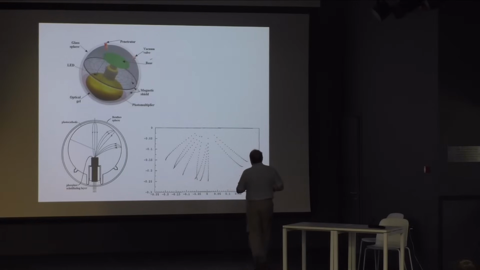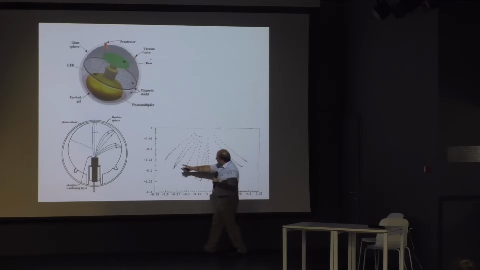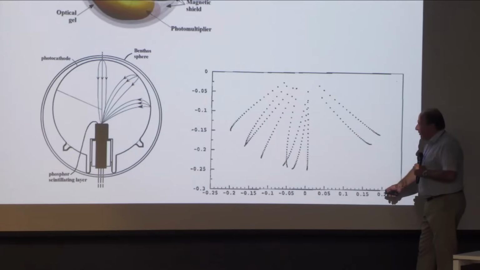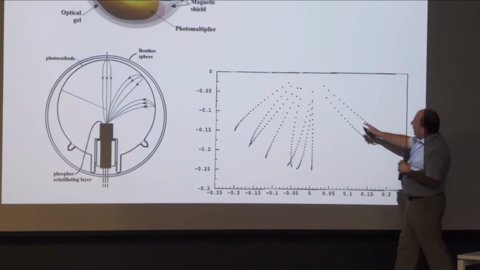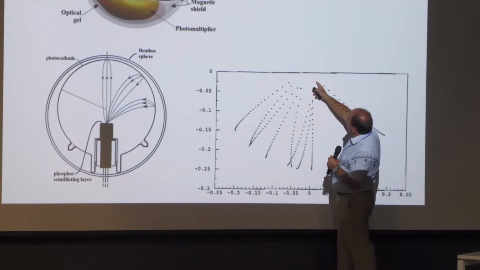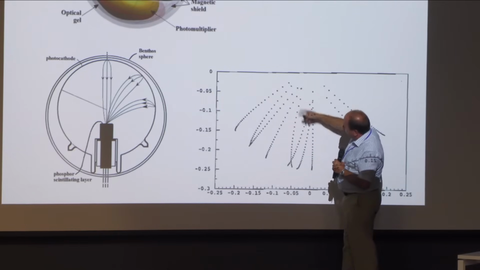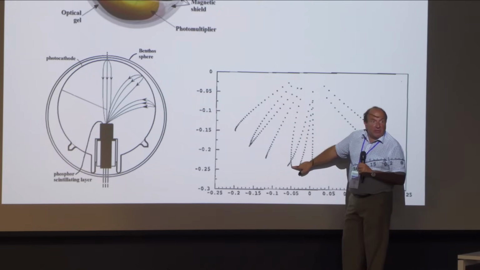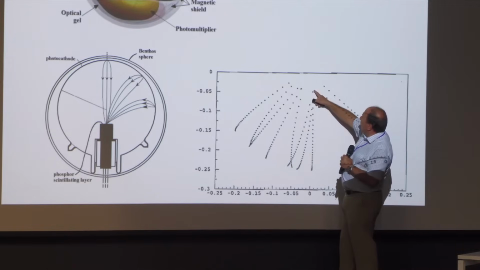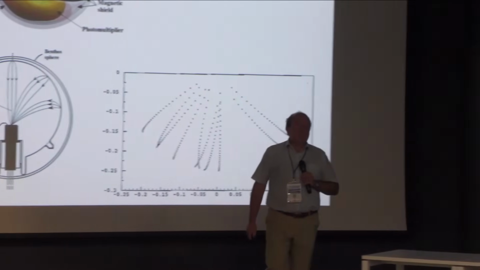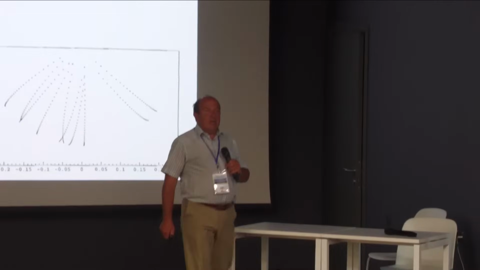Here we have a simulation. Here is the photocathode. You see it has a radius of about 20-25 centimeters. Here is the amplifier, and here is the track of the electrons from the moment that they are produced till the moment they are approaching the amplifier.